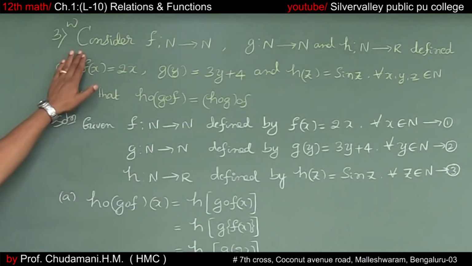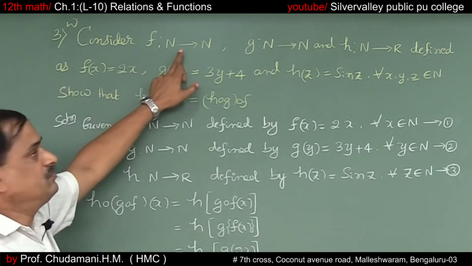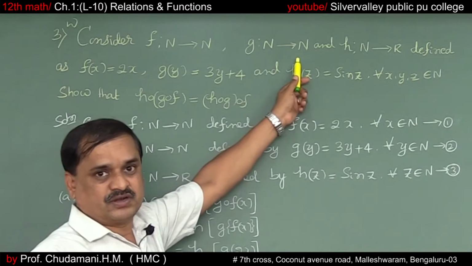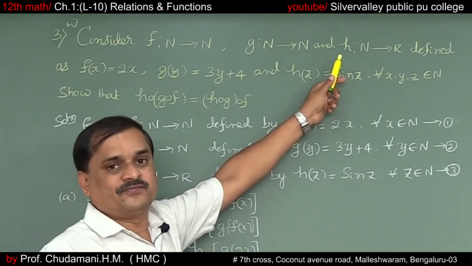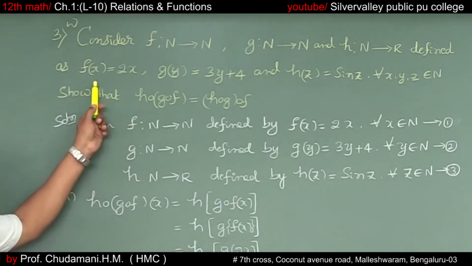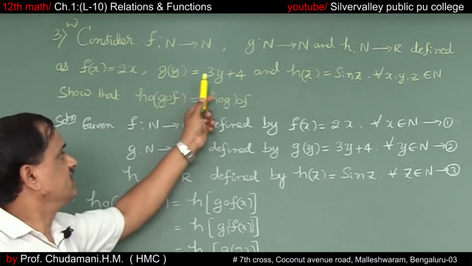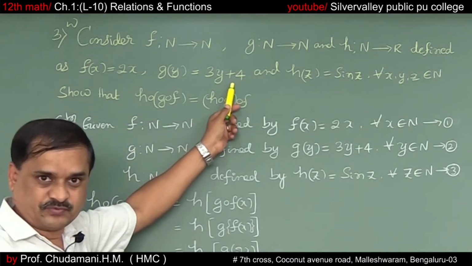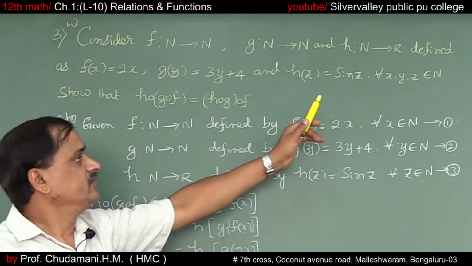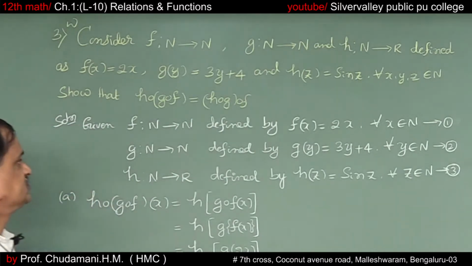Yes. The third problem, worked example. Consider f from N to N and g from natural numbers to natural numbers and h from the set of natural numbers to real numbers, defined as f of x is equal to 2x, g of y equals 3y plus 4 and h of z equals sin z, where x, y and z belong to natural numbers.